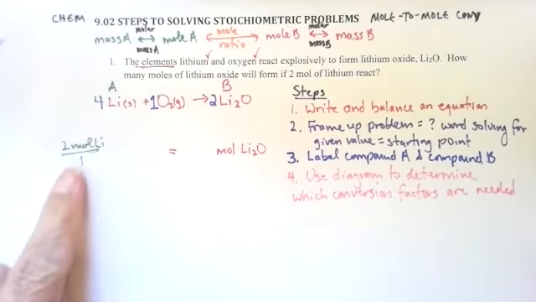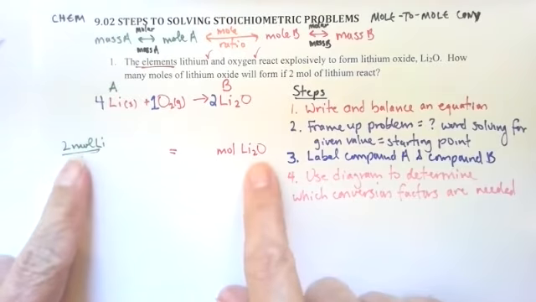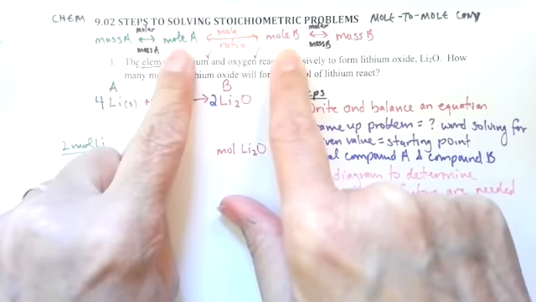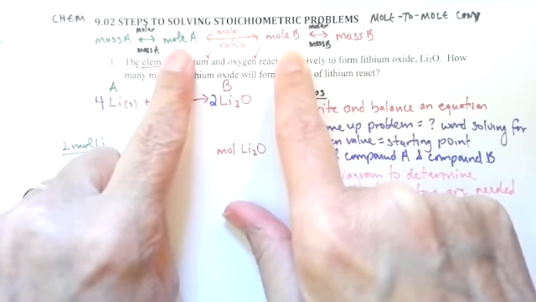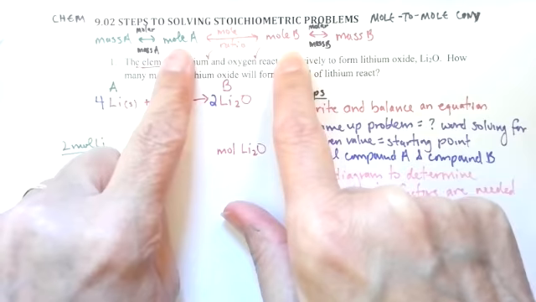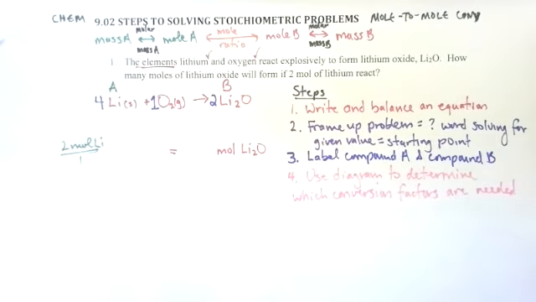Well, if I'm going from moles of compound A to moles of compound B, check this out. I just need the mole ratio. That's the only thing I need. So the next step is to write my conversion factors.